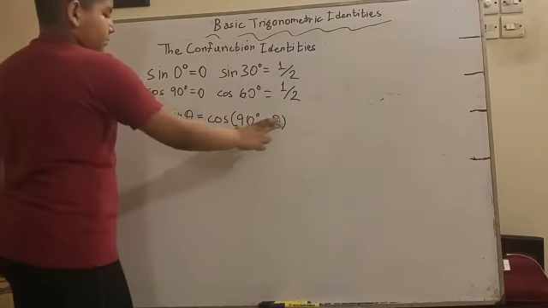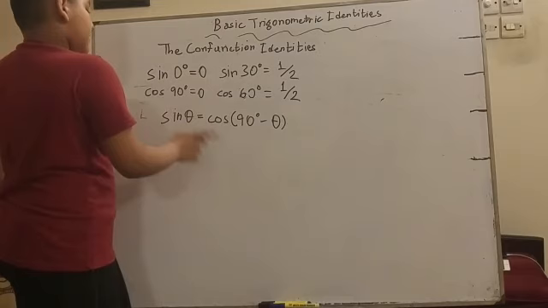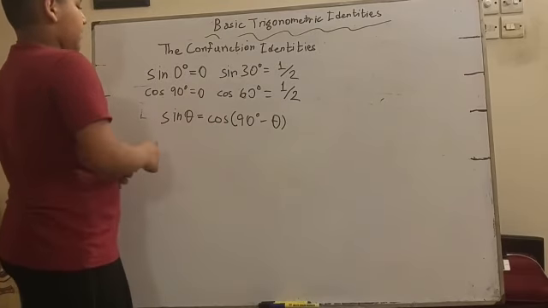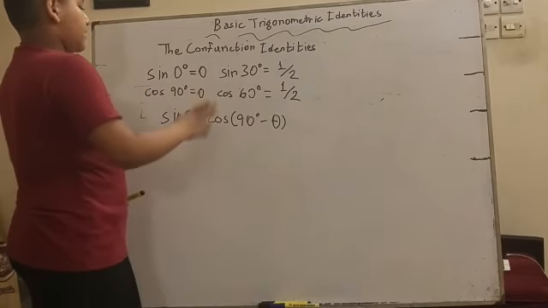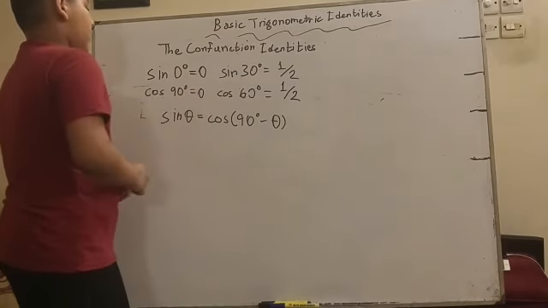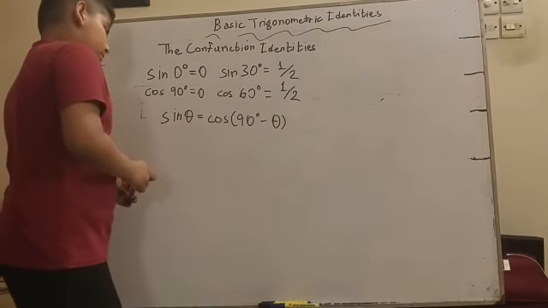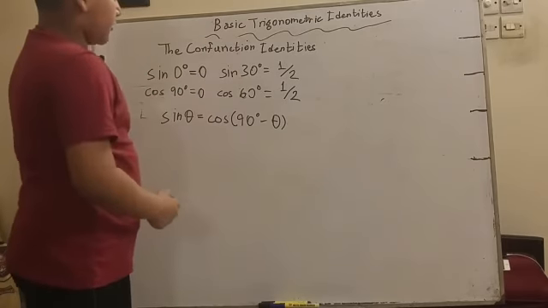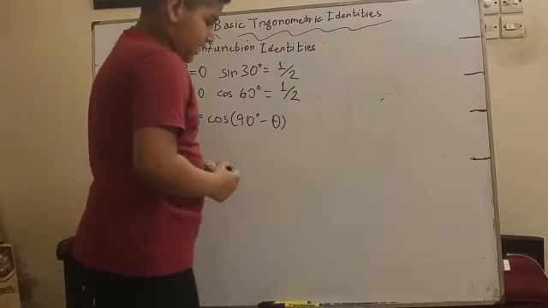So if theta was going to be 90 degrees, the sine of 90 degrees would be 1, because 90 degrees minus 90 degrees is the cosine of 0, and the cosine of 0 is 1. Again, link in the description on the unit circle. I know this is confusing otherwise.